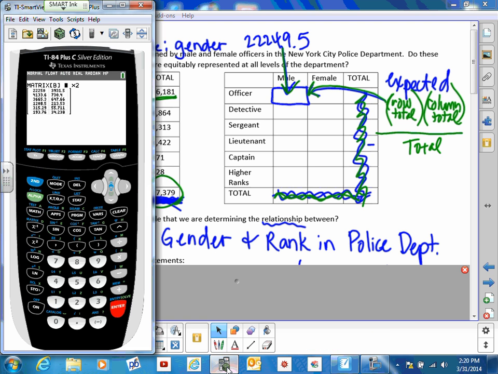Okay, let's plug in our observed information into matrix A. So we're going to go second matrix over to edit, hit enter, and it's a 6x2 matrix. So put the observed values into that matrix. Okay, and those are the ones that you have there on your paper. Don't include the total column. Don't include the totals. All right, so fill that in.